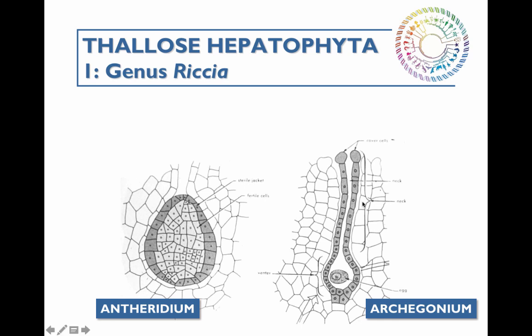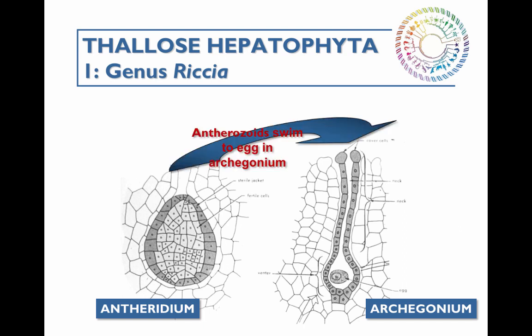But the archegonium on the right-hand side is much more well developed. There's an egg sitting, waiting to be fertilized. And as we've seen, the sperm or the antherozoids, when they're released from the antheridium, will swim through rainwater towards the opening of the archegonium, swim down the neck or down the canal to reach the egg.